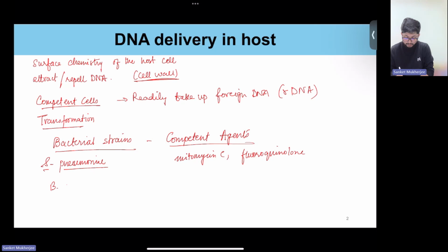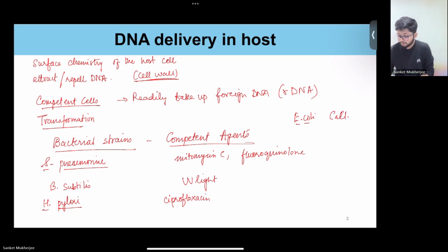Similarly, for Bacillus subtilis, we have uveolite. Helicobacter pylori, we have ciprofloxacin. For E. coli, which is used in lab, we have calcium chloride or rubidium chloride, right? Things like that.